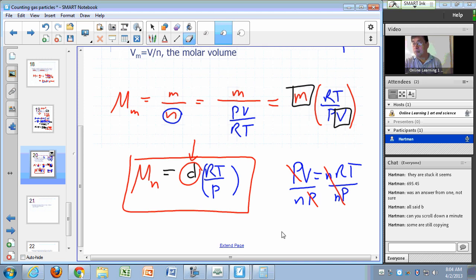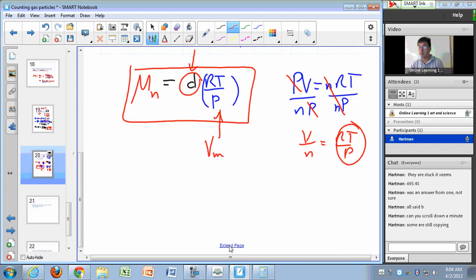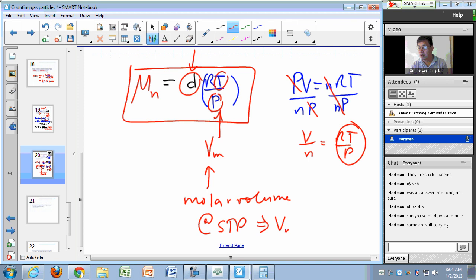So this becomes V over n equals RT over P. So this expression right here, RT over P, is really nothing more than the molar volume of a gas. And we know what that is at STP. What is that RT over P equal to? If we plug in the value of temperature and pressure at STP, then that molar volume is just 22.4 liters per mole.